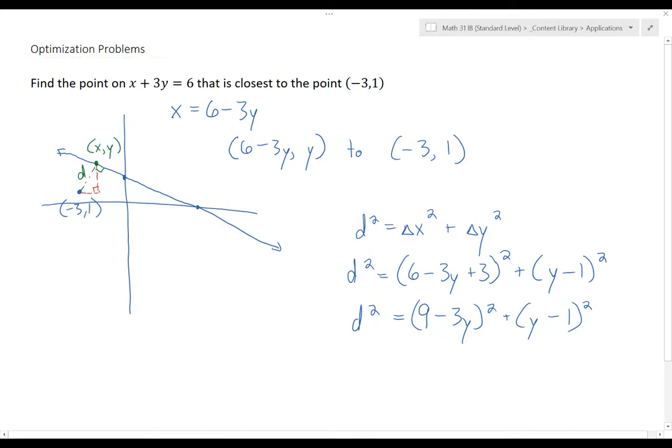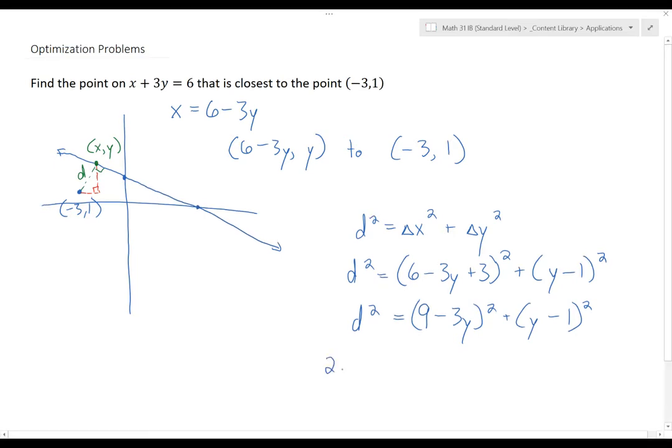Now, you can distribute this whole thing, and then you have a nice polynomial, which is going to be very easy to derive, but it's actually not super hard to derive as is. And like I said, I definitely don't want to take the square root of both sides. That's going to make it harder to derive. If I leave the d as d squared, then I can just use implicit differentiation. So I'm going to derive d with respect to y.